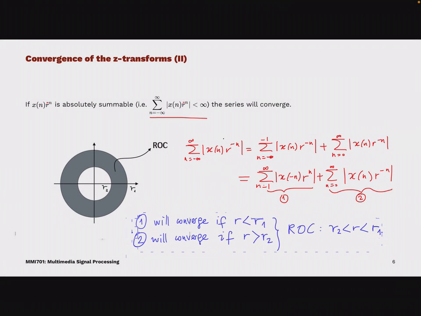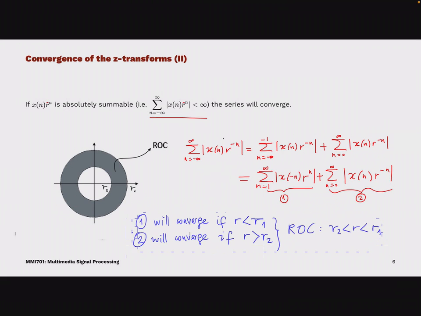So this is our general region of convergence for a general signal, which is non-causal because it has terms on the left-hand side of the time origin as well as the right-hand side. So it's not anti-causal. It's two-sided, and the region of convergence is a ring.